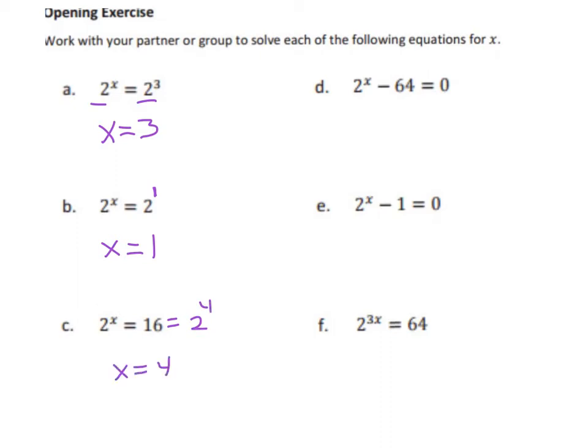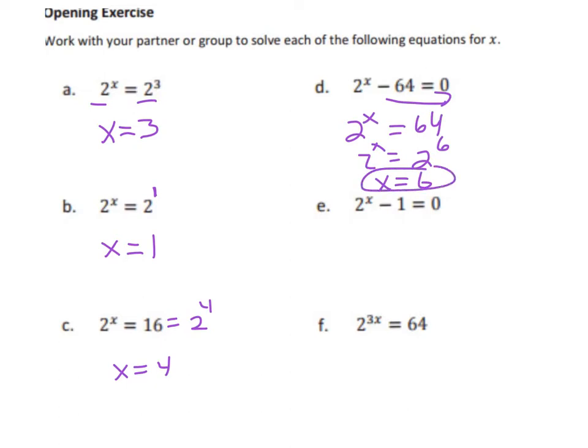If you go to D, you've got 2 to the x equals 64. That means 2 to the x is equal to 2 to the 6, which means x is 6.